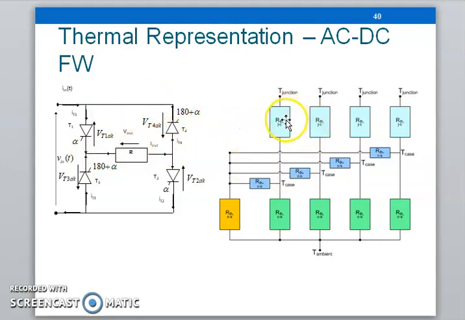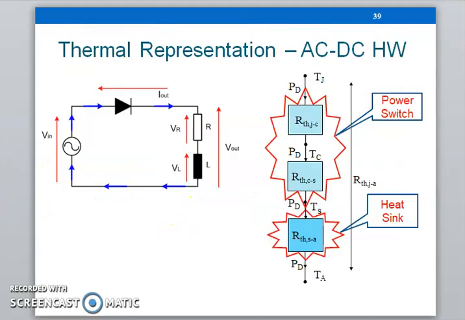So R thermal JC for device number 1, number 2, number 3, number 4, and this is the heatsink. This one is for common heatsink, meaning that all the devices are sharing one heatsink. One heatsink placed with the four devices here. So all come to the same heatsink. This is the so-called common heatsink. Meanwhile, this one is the individual heatsink. One device with one heatsink.